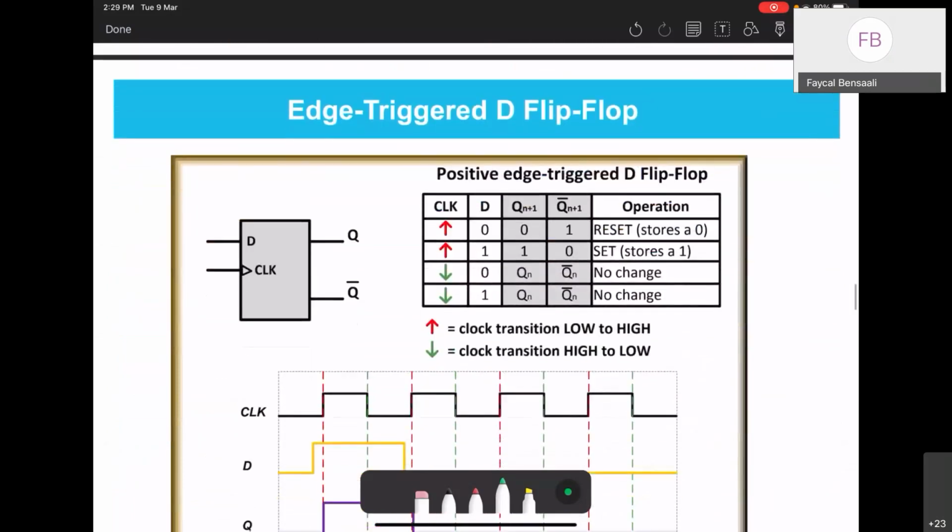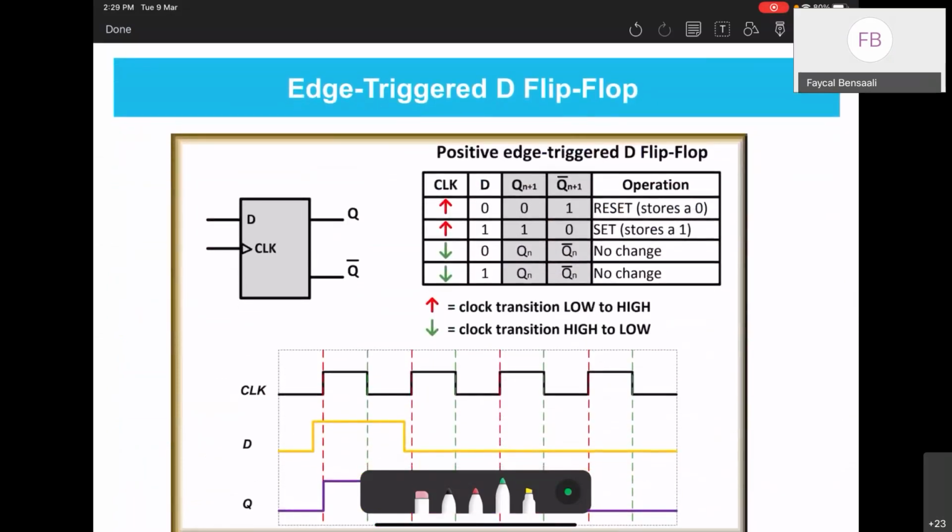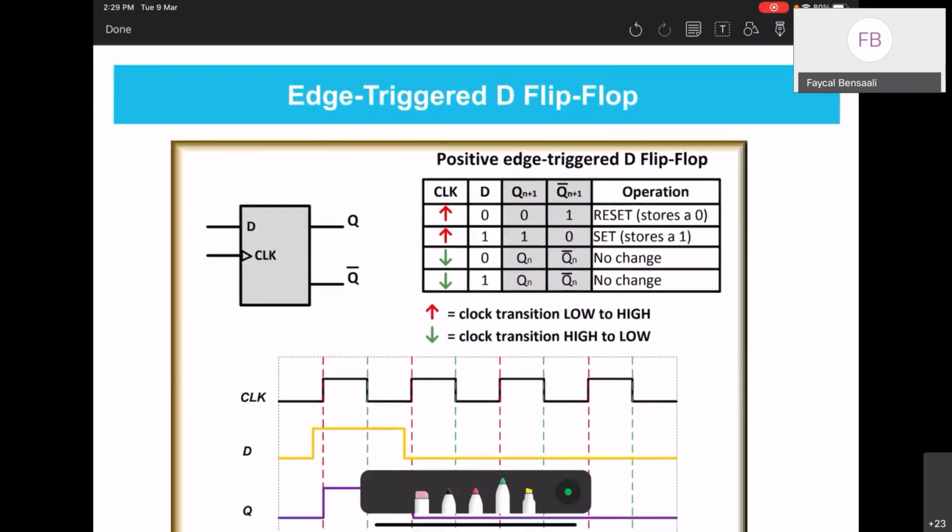Right, now I'll show you the clock. Now if I take the case of a D flip-flop, all flip-flops have clocks, and the clock signal is a simple square wave, 0, 1, 0, 1, 0, 1, 0, 1.